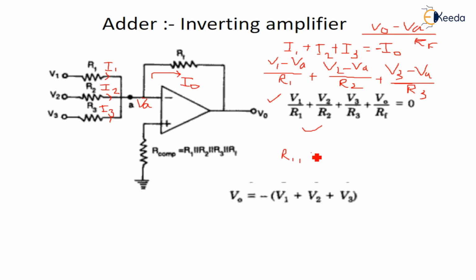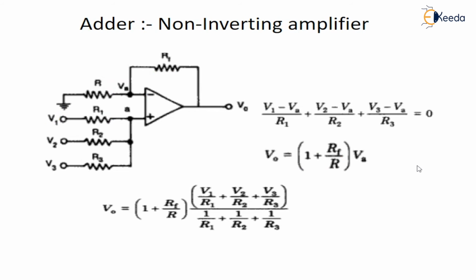If there are R1, R2, R3 and R4, all are equal, but RF will be equal to R divided by the number of values. If here there are 3, then RF will be R divided by 3. So this is called the averaging circuit.